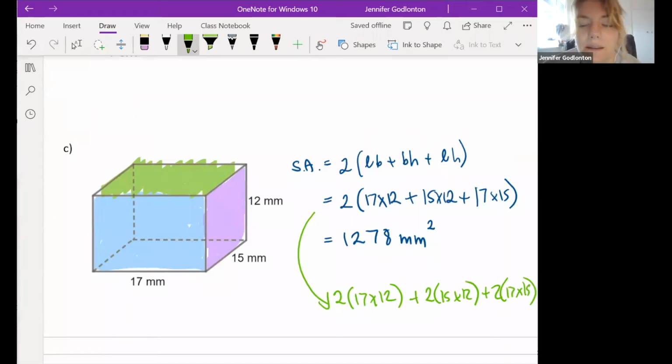I calculated separately, got 3 different answers, then added them and got the same final answer. So you worked out each one separately. That's fine. The only reason I think it's generally better to just put it in one is because we're less likely to make a silly mistake along the way. But if you feel more comfortable writing each answer by itself, that's also 100% fine.